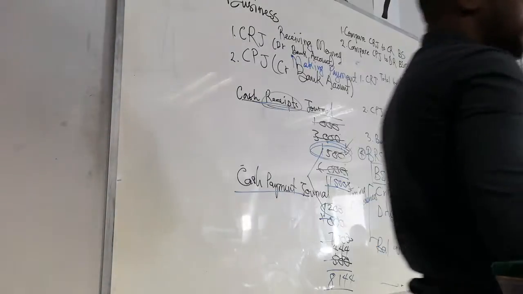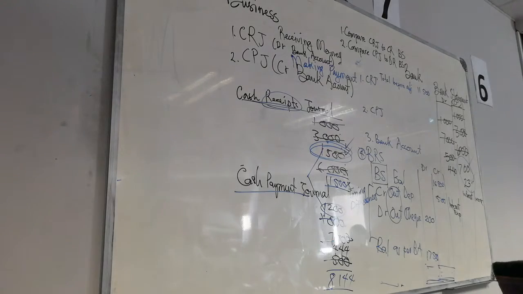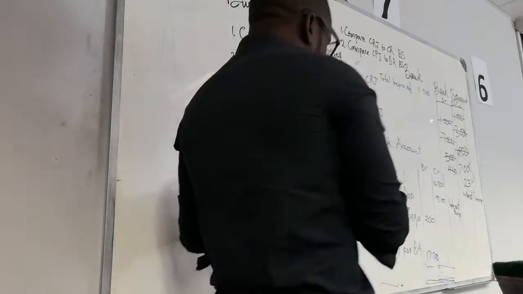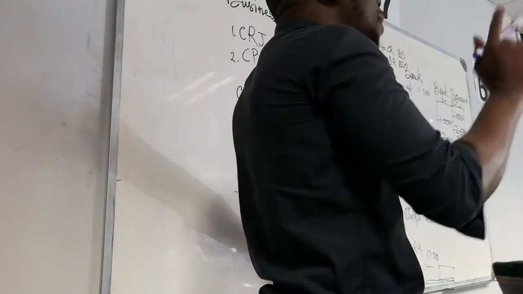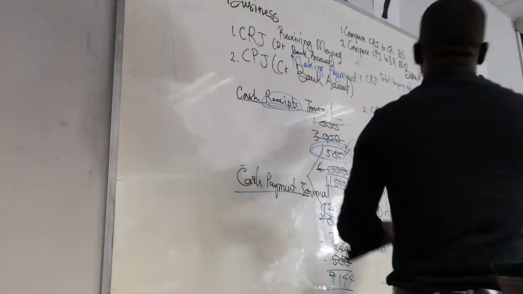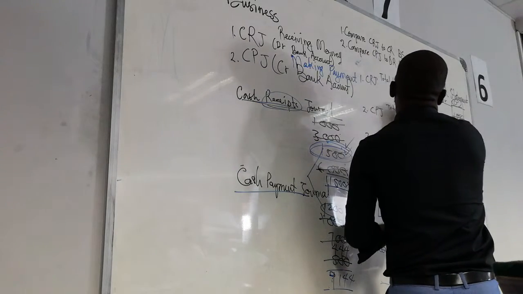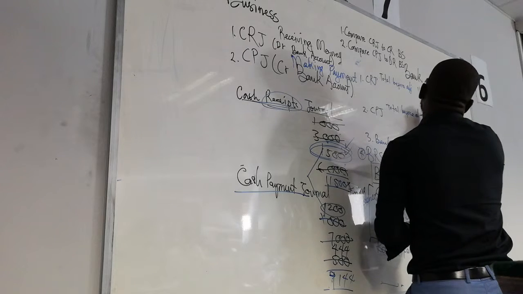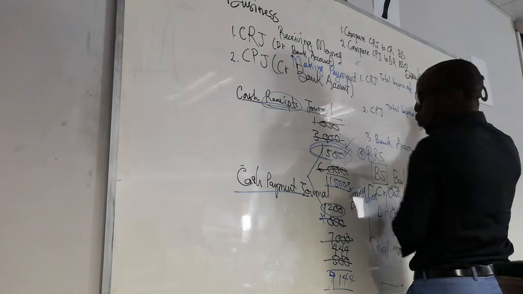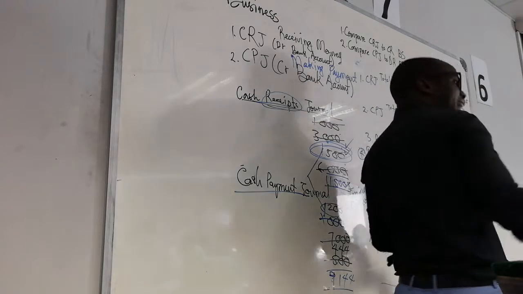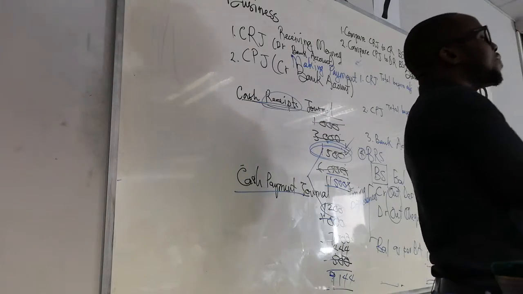No, 144. 9,144. Okay, there. This is the total before adjustment in our CPJ. So when we go into our CPJ, we will have a total before adjustments of 9,144.